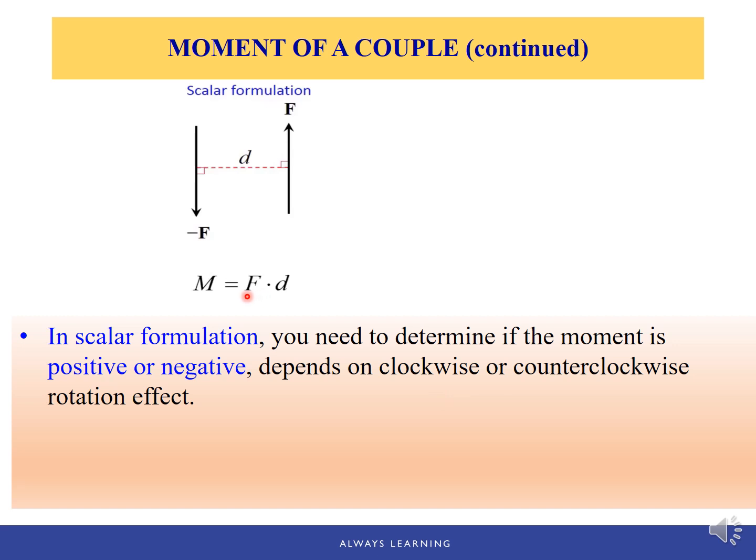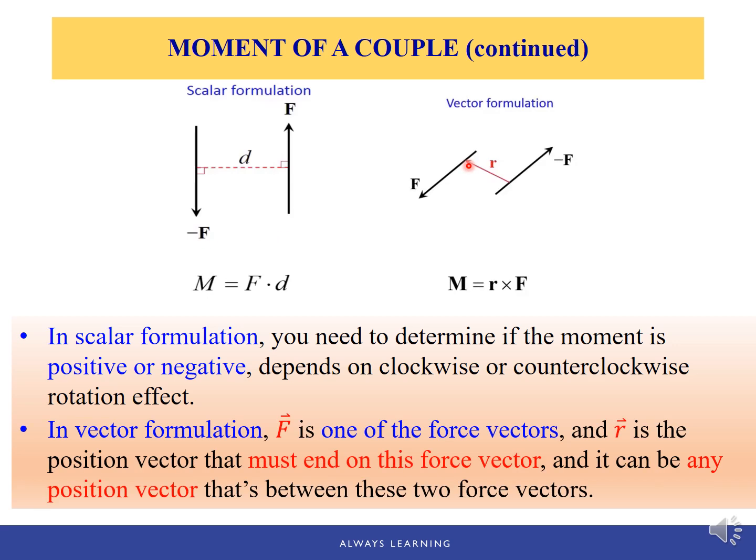And the magnitude of the moment is always the magnitude of the force times the perpendicular distance between the two forces that make up the couple. In 3D problems, sometimes it's not easy to find the perpendicular distance between two lines in the 3D structure. Therefore, it's easier to use the vector formulation.